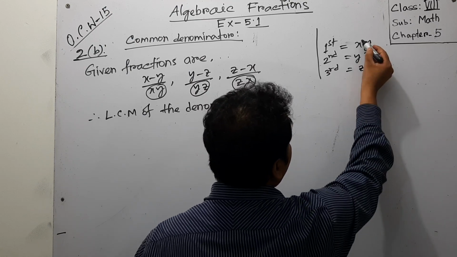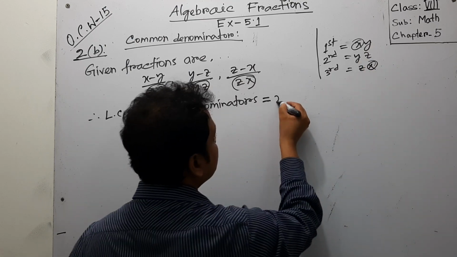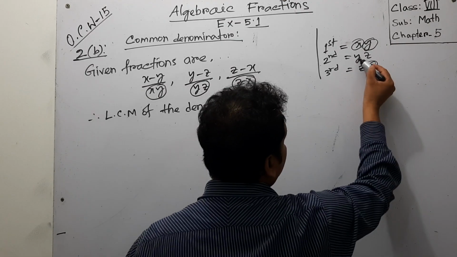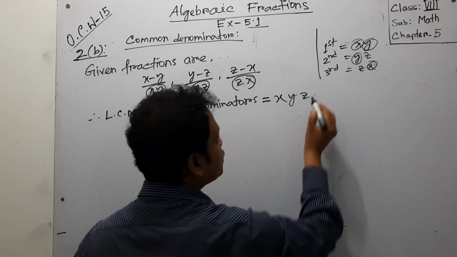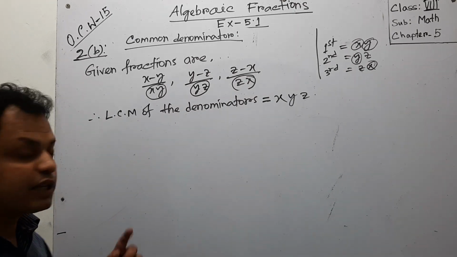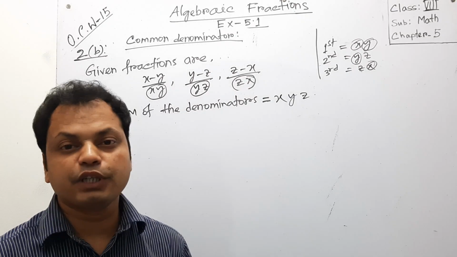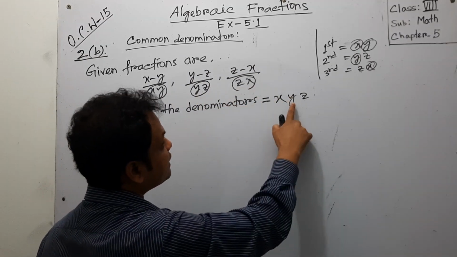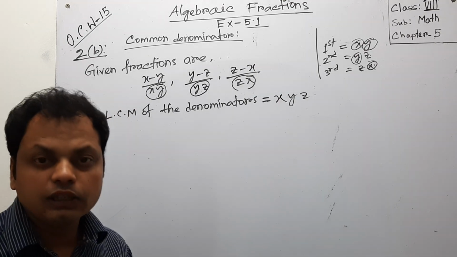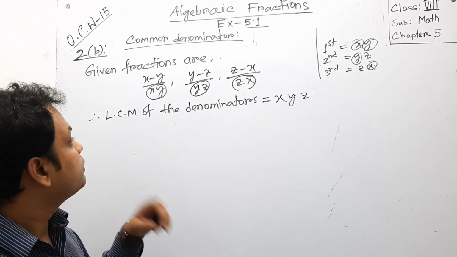Then the LCM will be x, then here is y, we'll get y, and then z, we'll get z. So we have got the denominators of the fractions: x, y, z.